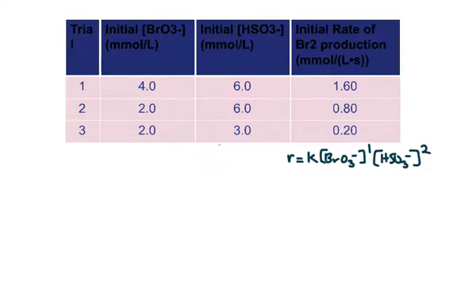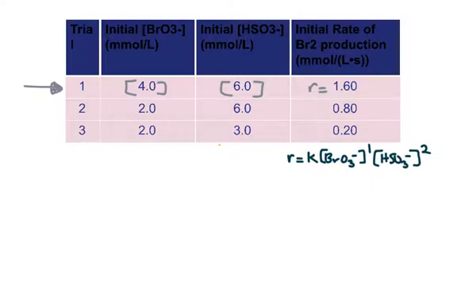All right, so when we're working out K, what we need to do is we're going to choose one row of data. I usually choose row number 1, but it doesn't actually matter because one row of data has a rate and it has two concentration values that I need for the two ingredients. So let's put that in just numerically, and then we'll work out units separately.